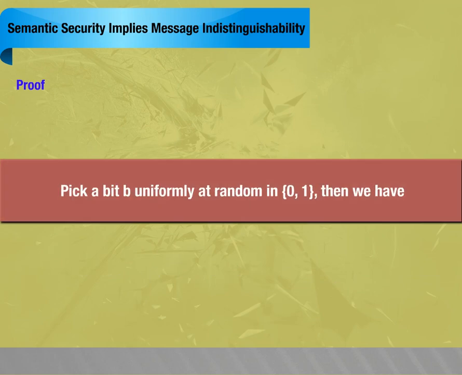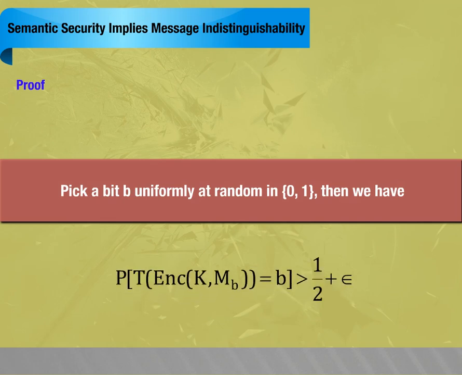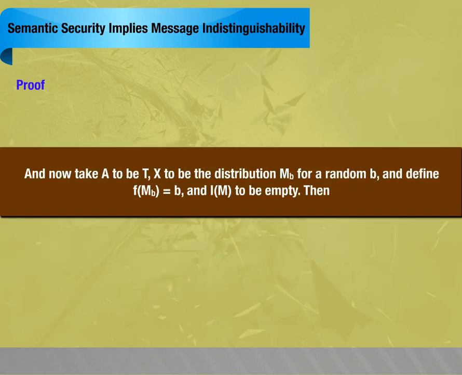Pick a bit B uniformly at random in {0,1}, then we have P[T(ENC(k, M_B)) = B] > 1/2 + epsilon. And now take A to be T, X to be the distribution M_B for a random B, and define f(M_B) = B and I(M) to be empty.